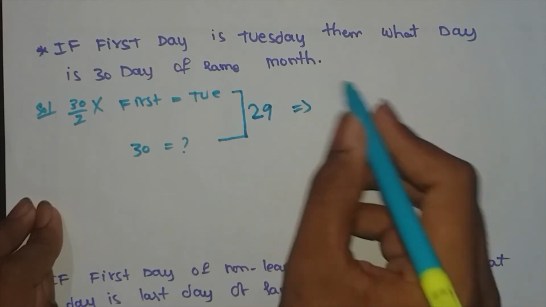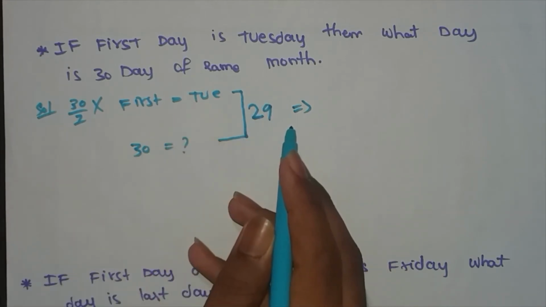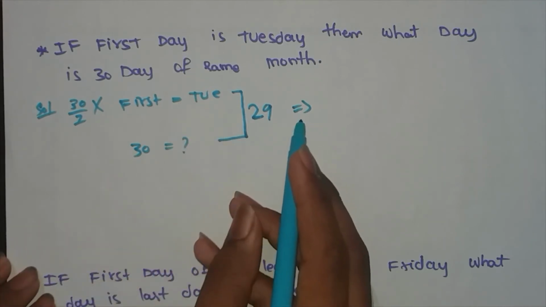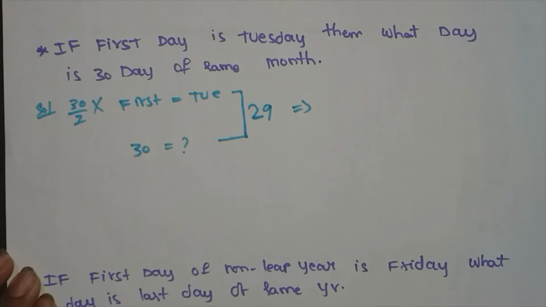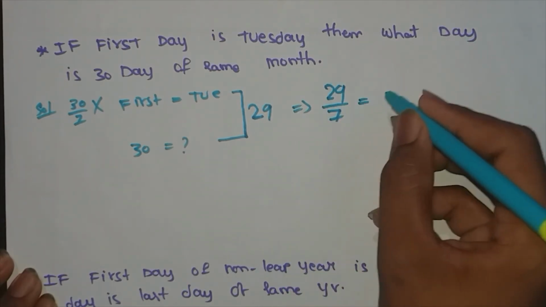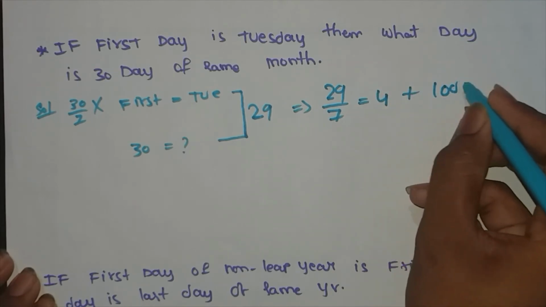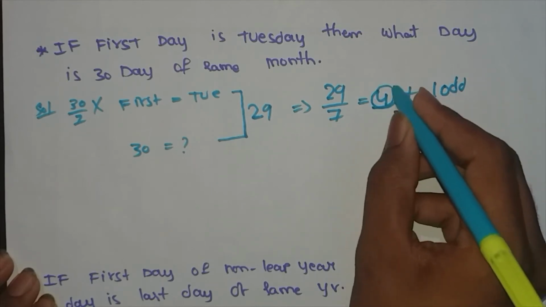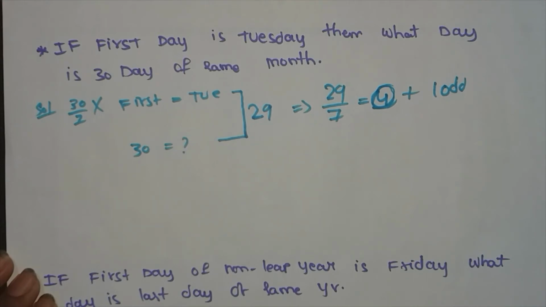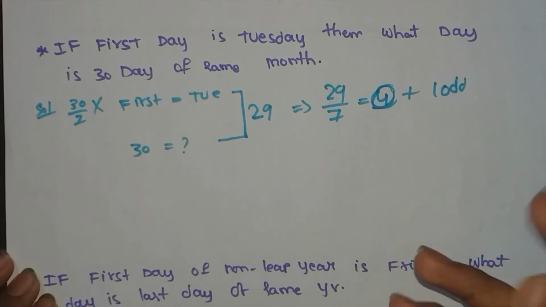So find the number of odd days for these 29, because the first day I know is Tuesday, so I have to find the odd days for the remaining number of days, that is 29. So 29 by 7, 7 4s are 28 plus 1 extra odd day, that is, I have 4 complete weeks plus 1 extra day.